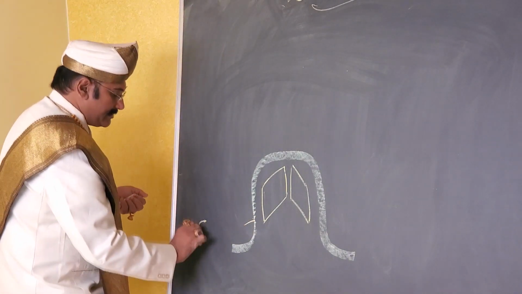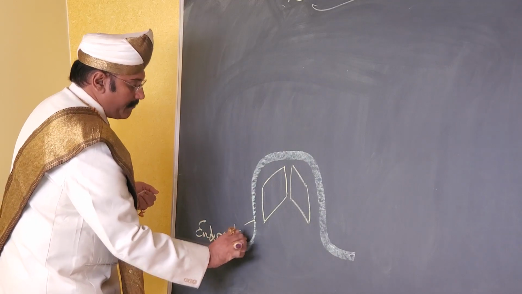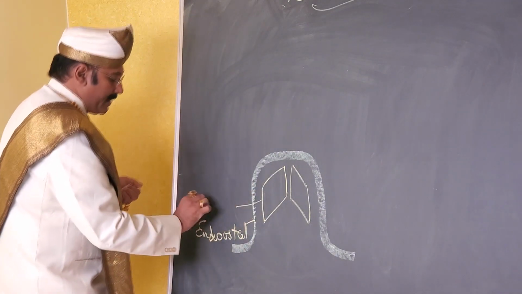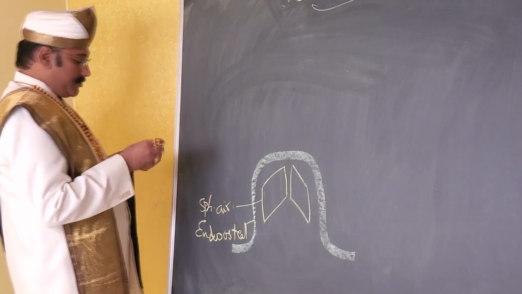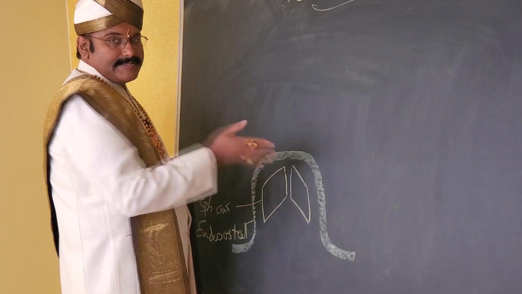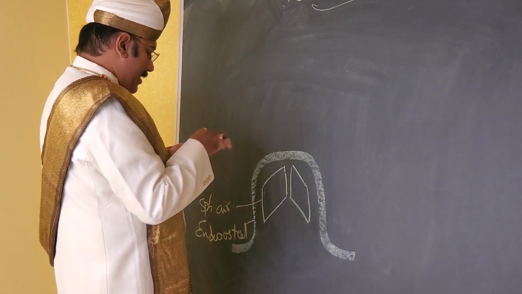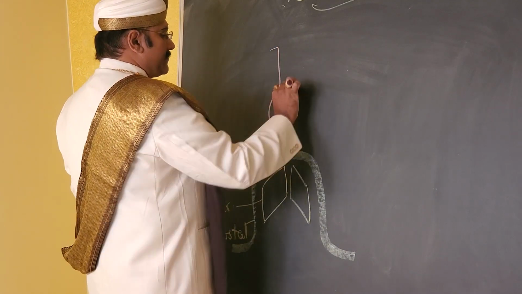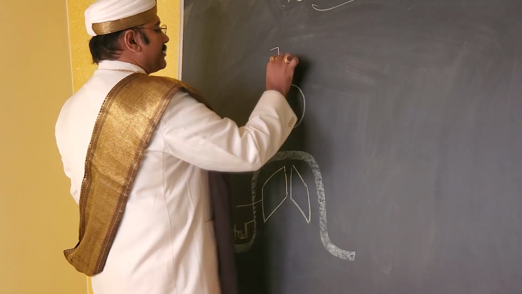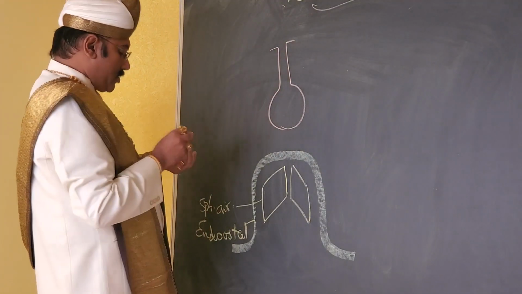This is the endosteal layer of the dura mater, and this is the sphenoidal air sinus. And which portion is this? We are trying to draw the sella turcica, the body of the sphenoid. And what is present in the sella turcica? In the region of the sella turcica, you have the pituitary gland, which has its stalk. So this is the pituitary gland with the stalk.